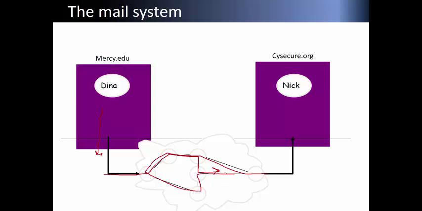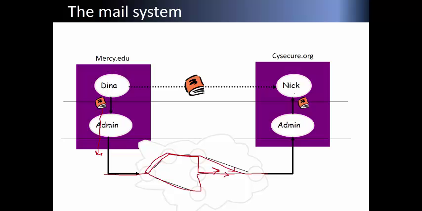So all different kinds of routing or paths are possible all the way to the receiver side, right? From the user's perspective, you simply send mail to Nick, but internally it goes through all that complexity. That's what we want to understand in this class, okay?